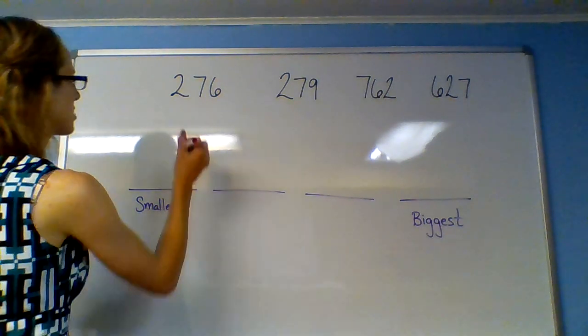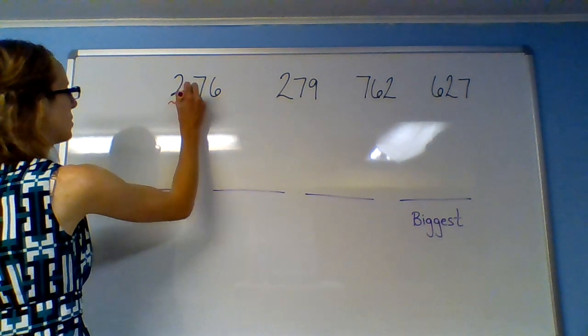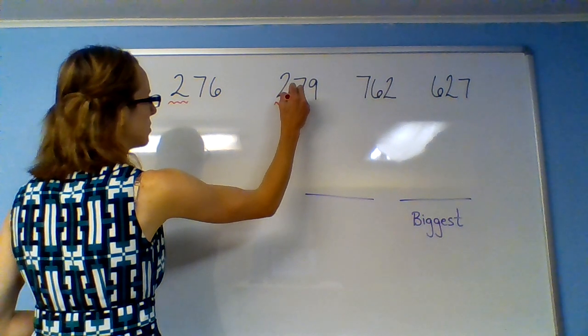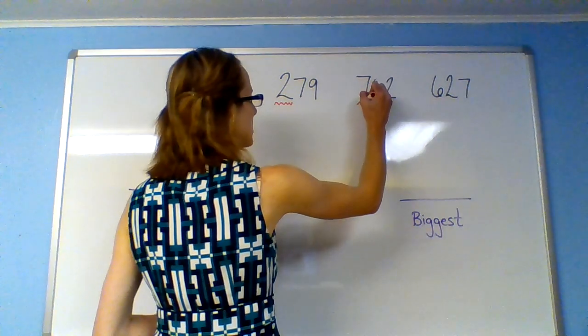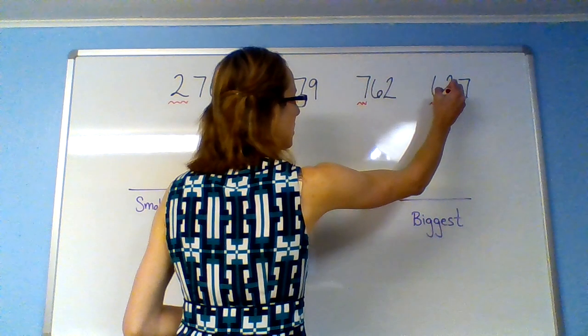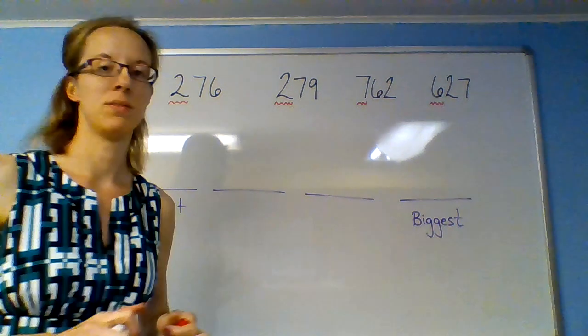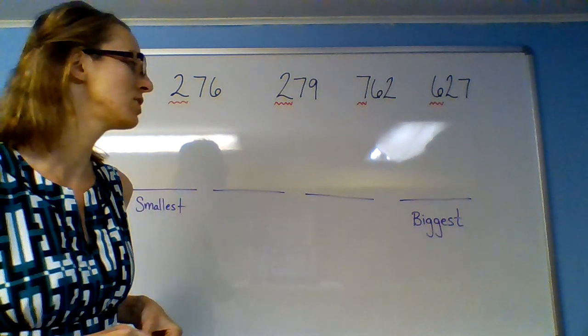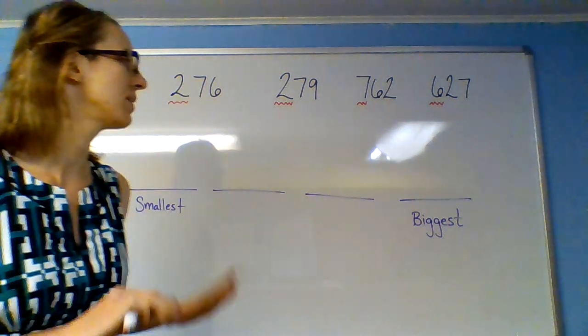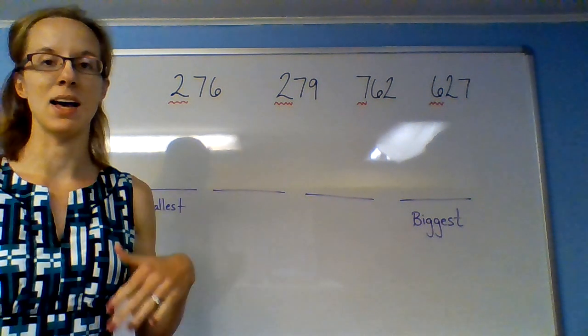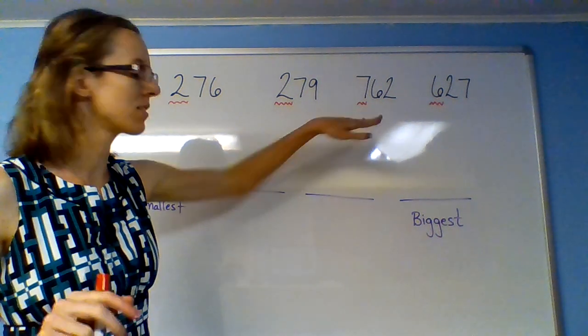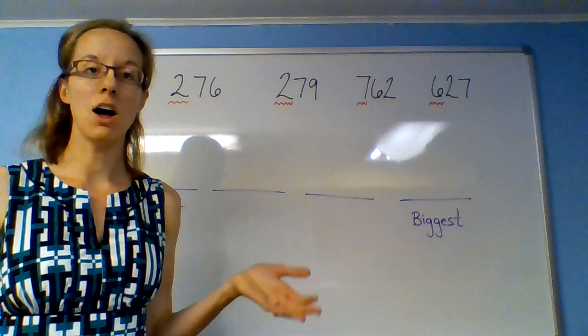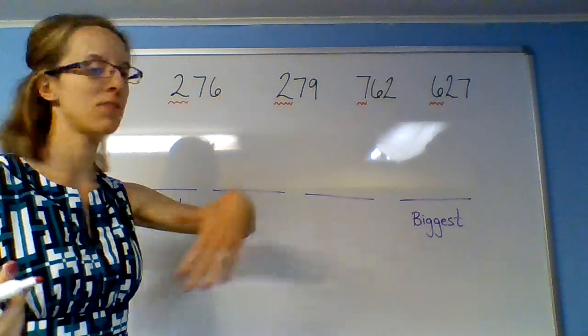So as I start checking in the 100 spot, I see a 200, a 200, a 700, and a 600. I can already decide which number is the biggest without even knowing what comes in the tens or the 1 spot. 762 has more hundreds in it than any of the other numbers.